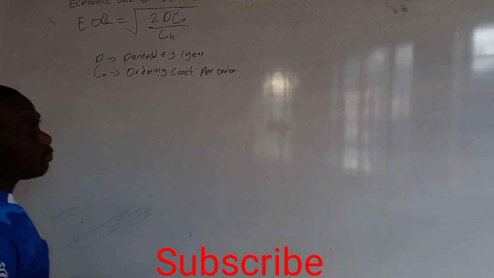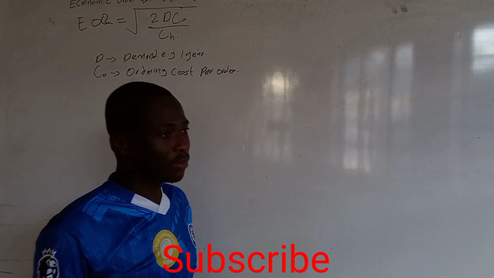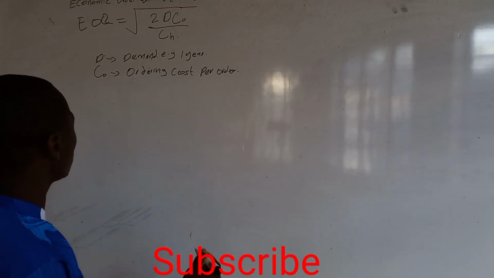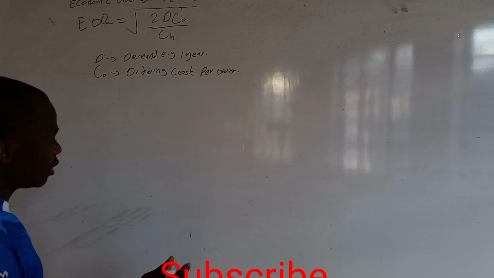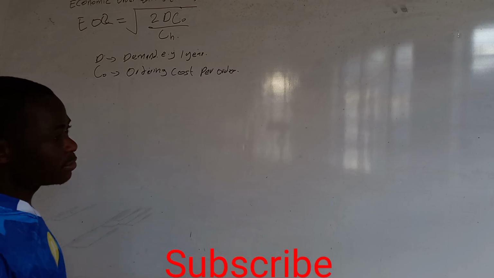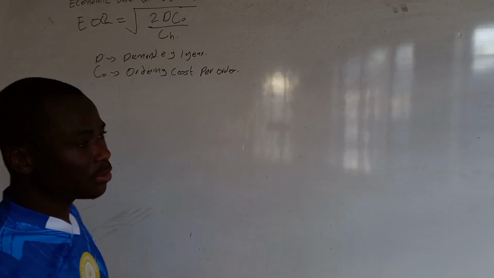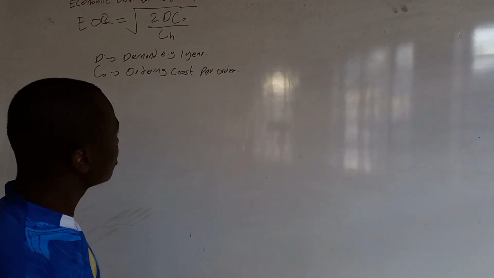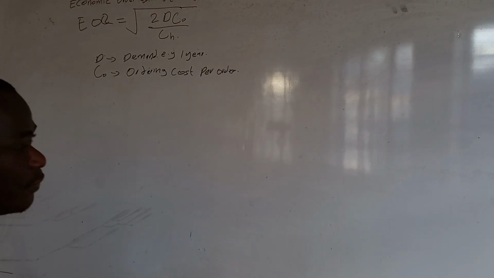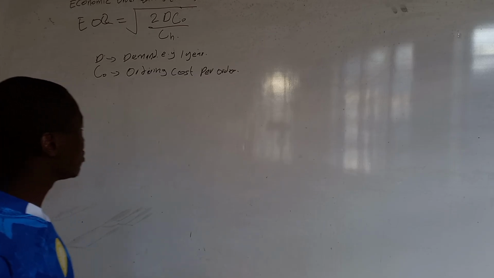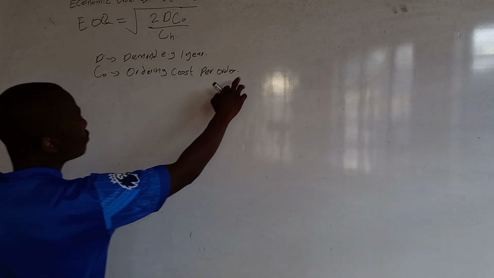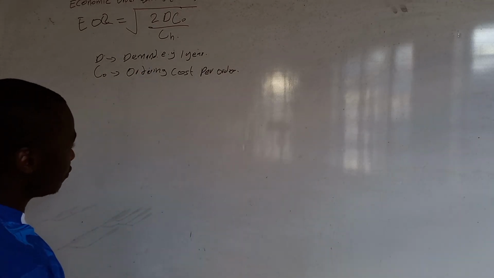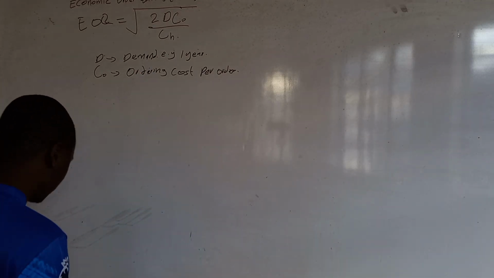This is the cost of transport, the cost of insurance, all of the cost that you incur when you order. For example, when you are moving a product from one place to another, you will need to insure it so that even if there is damage, you get compensated. So this is the cost of insurance, transport, and even the cost of the driver if you are paying the driver.